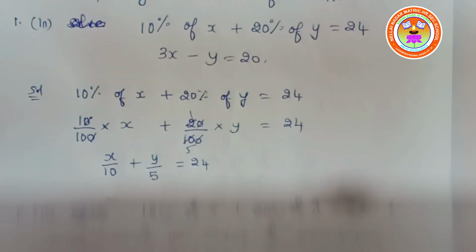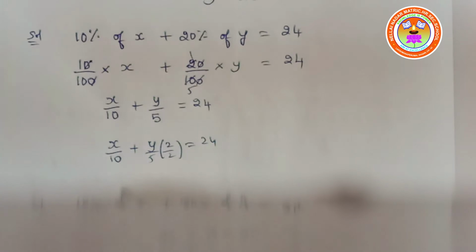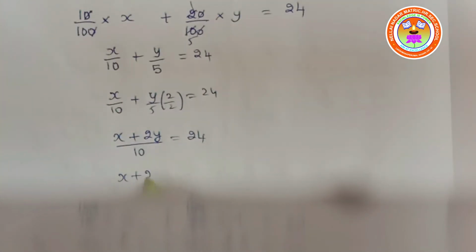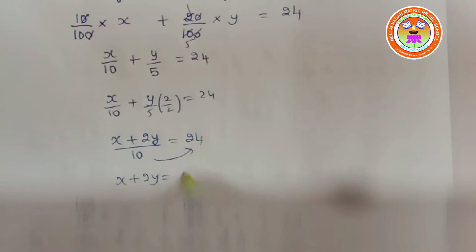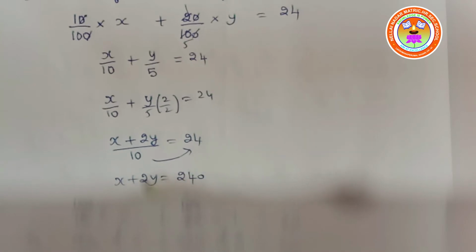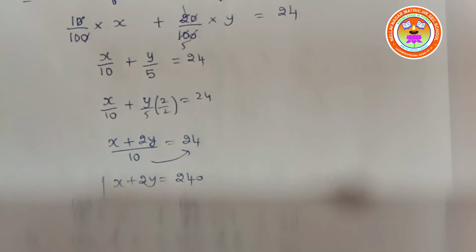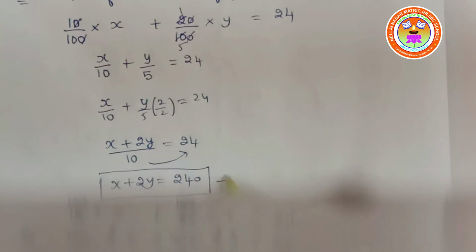Now x by 10 plus, taking LCM, y by 5, 2 by 2 equal to 24. x plus 2y divided by 10 equal to 24. x plus 2y equal to 10 into 24, that is 240. It's clear, children?